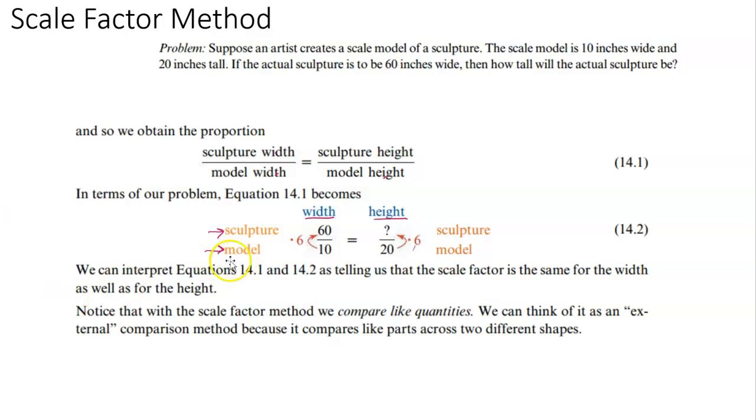In the scale model, we're comparing like quantities. Some people like to think of it as an external comparison because we're comparing across the parts on different shapes. So we can say that it's going to be 6 times 20, so it's going to be 120 inches, because we're comparing across the different shapes, not within the same shape.